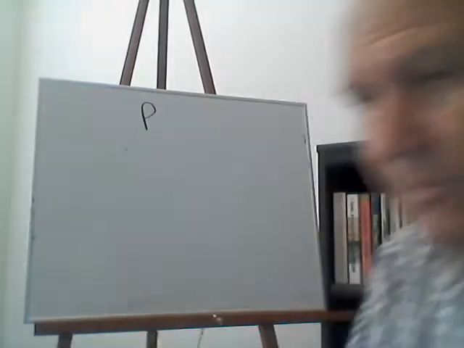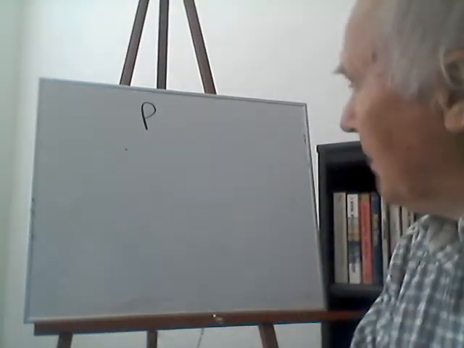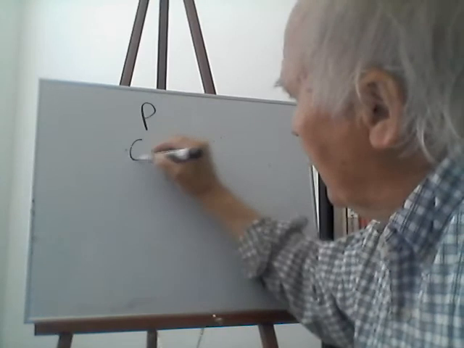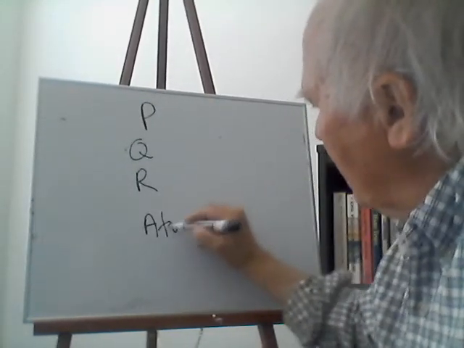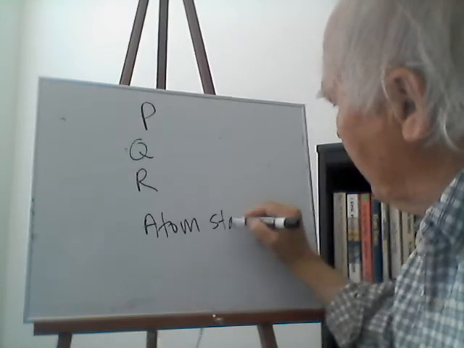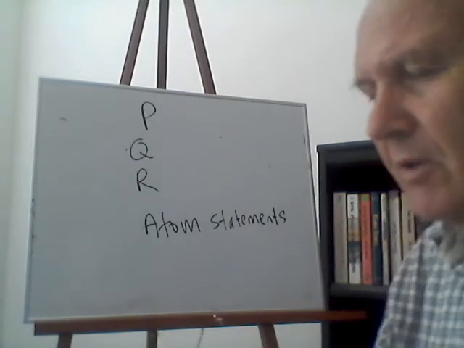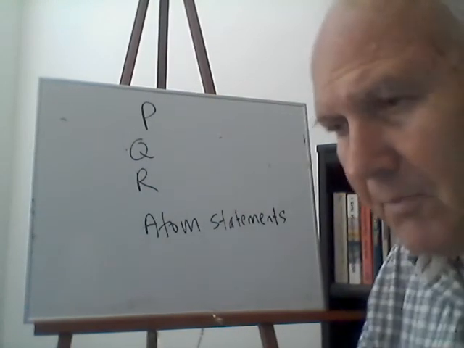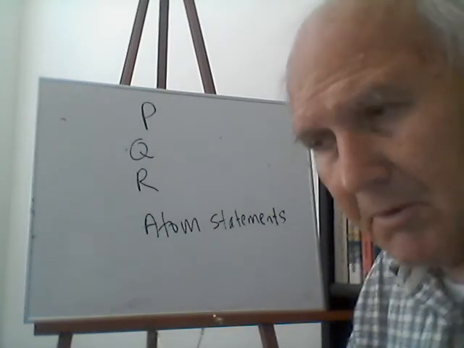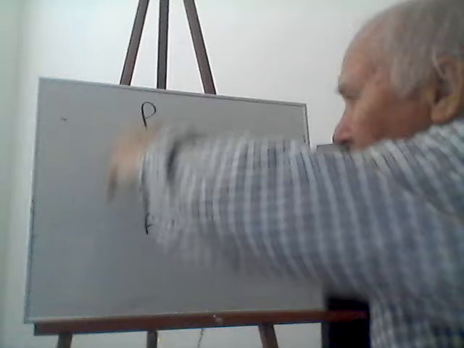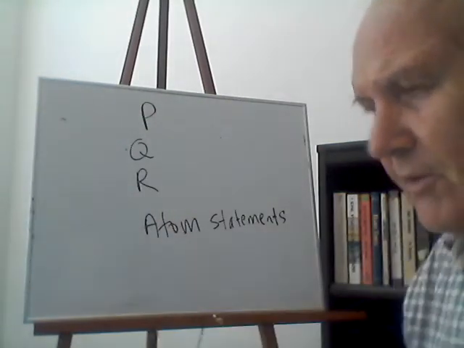It's the simplest formula you can have in propositional logic, as are individual letters like P, Q, and R. These are called atomic statements because they're the atoms, the simplest elements out of which the statements of propositional logic can be formed. From these atoms, you can build up using connectives, which I will go over in a second. But these are the simplest.